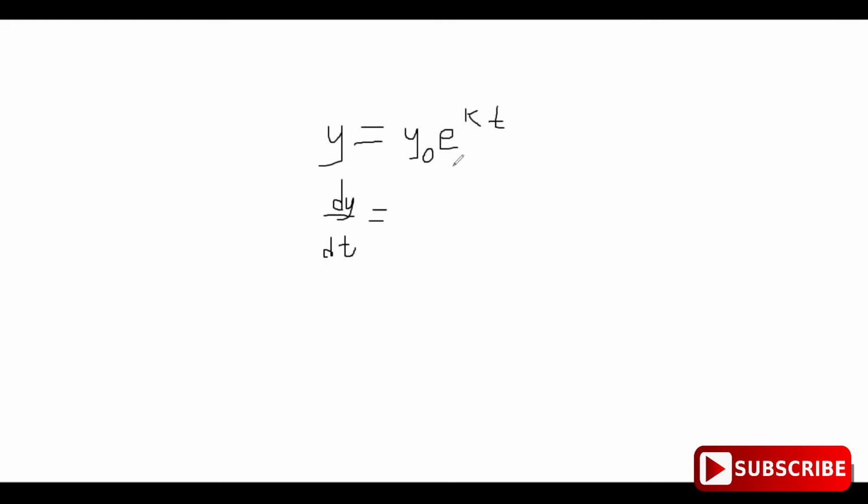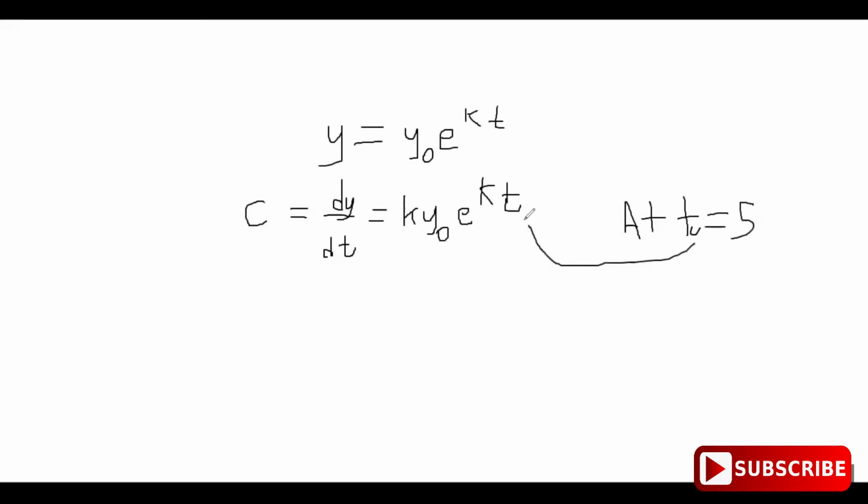So you just differentiate this, and it'll be k y naught e to the kt. Very good. Then they ask us for the derivative when t is 5, so we substitute t being equal to 5 right here.